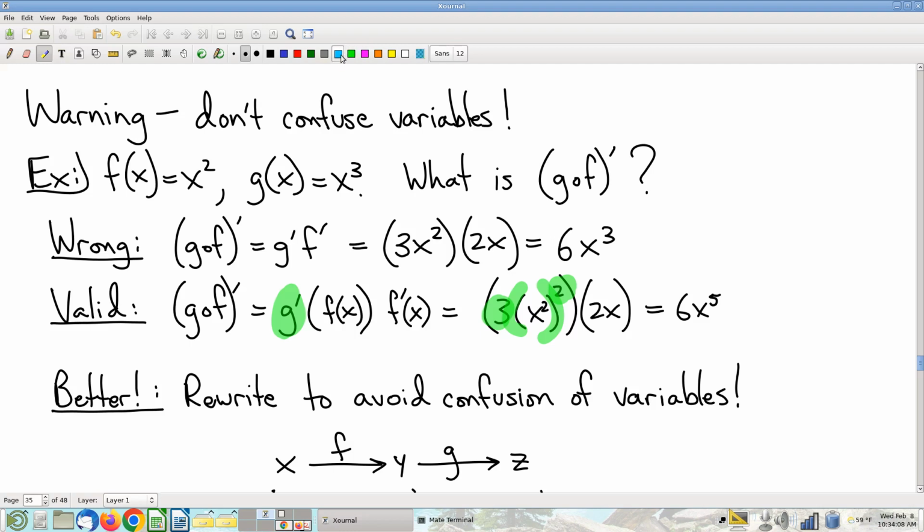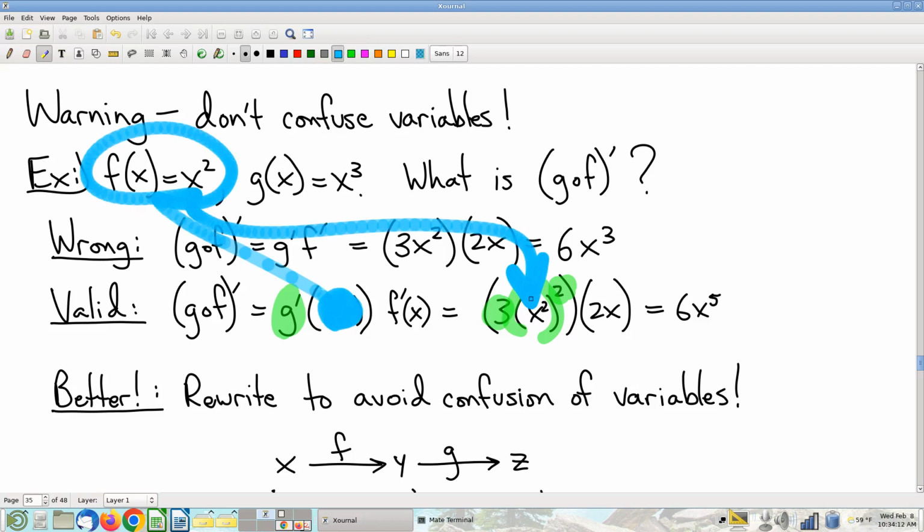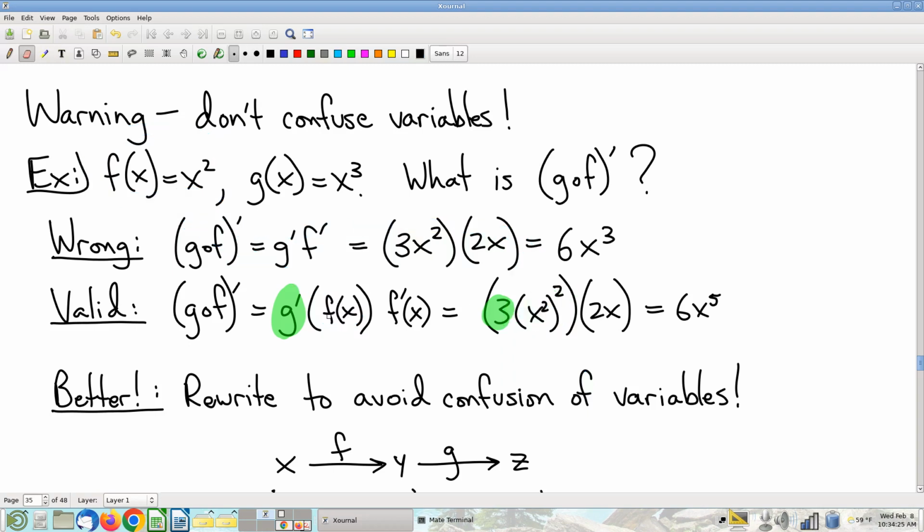The input is f of x, which is x squared. Right? So there's g prime of f of x. Everybody happy? Okay. And then times f prime, and right answer.